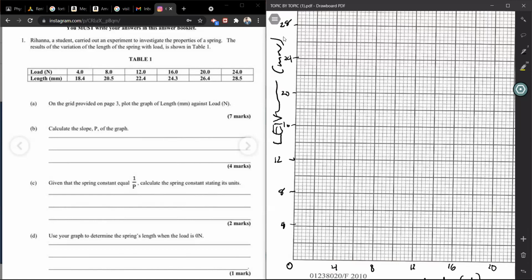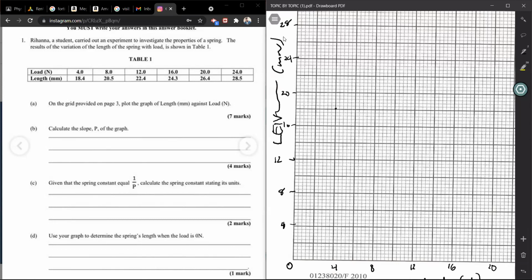Sir, the one in the middle is 16 and 20 is 18.6. This one right here is what, 18? I can't see where you're pointing. As in, this is 18? Yeah.